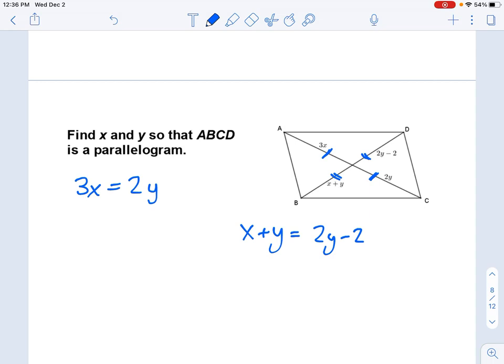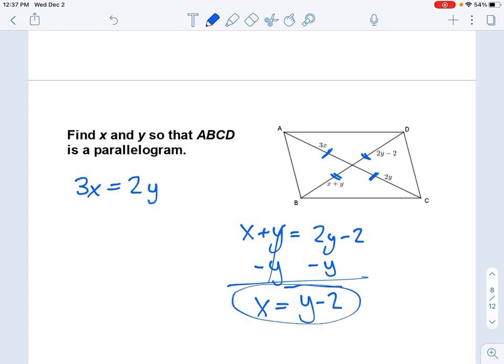Now you'll have to think back to Algebra 1 here, but I'm going to use substitution. I'm going to solve for x on this second equation. So x equals y minus 2. Now if I'm going to solve by substitution, I'm going to plug this whole thing in for this x.